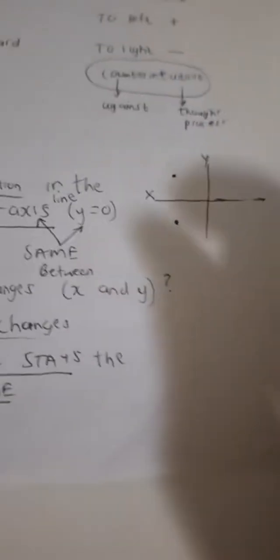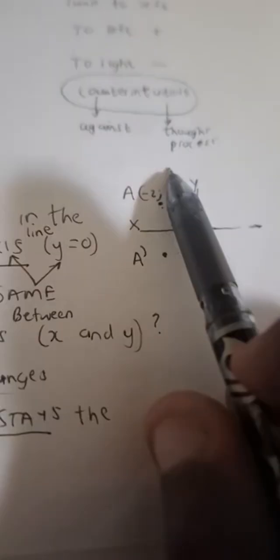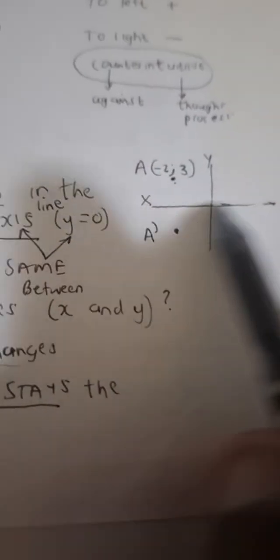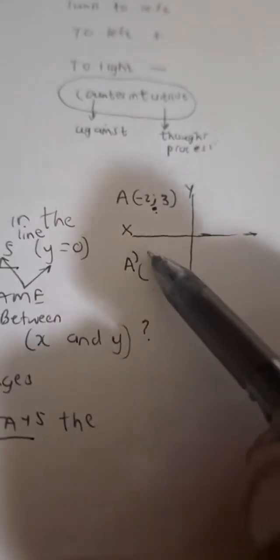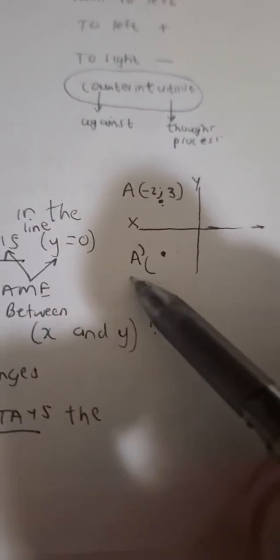If we have the point A, negative 2 and 3, and an image is formed that is reflected along the x-axis, the question is, what would be the coordinates of the image of A?